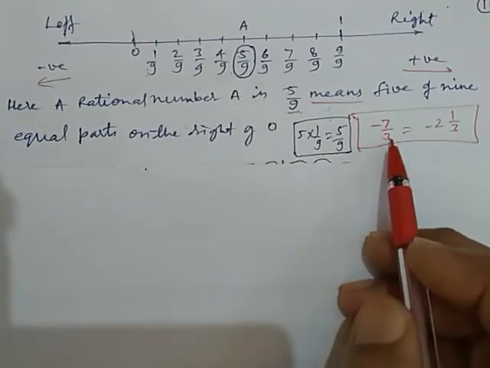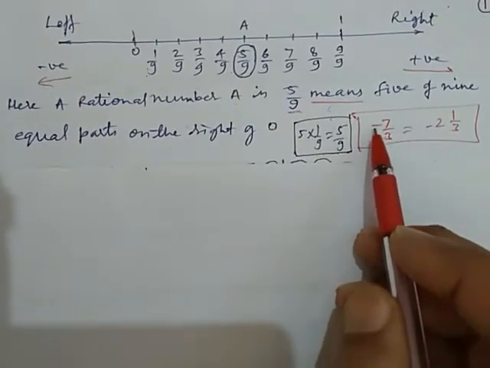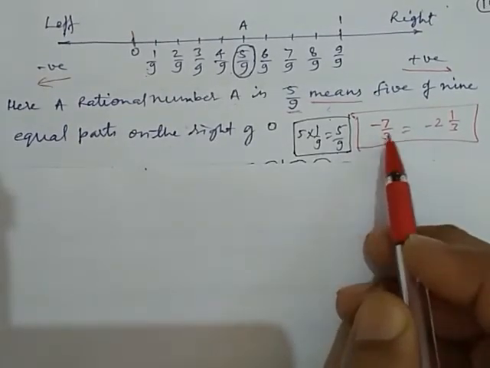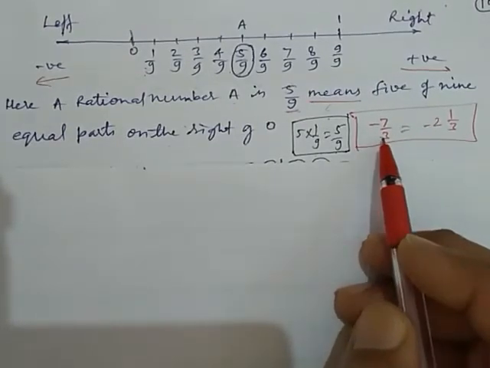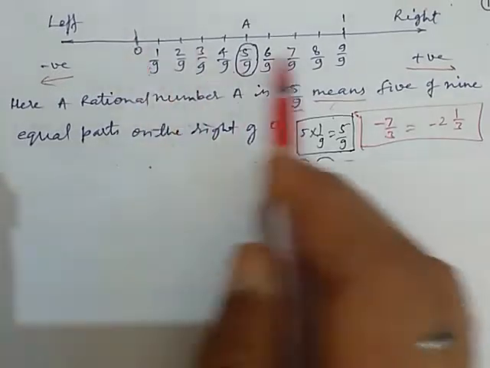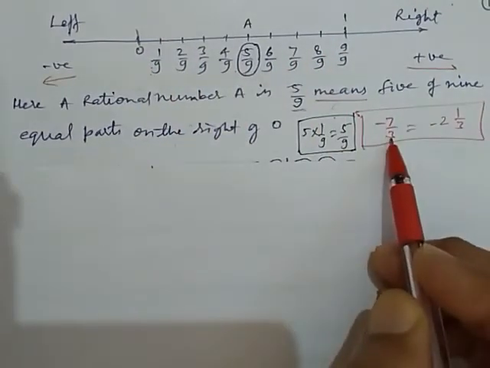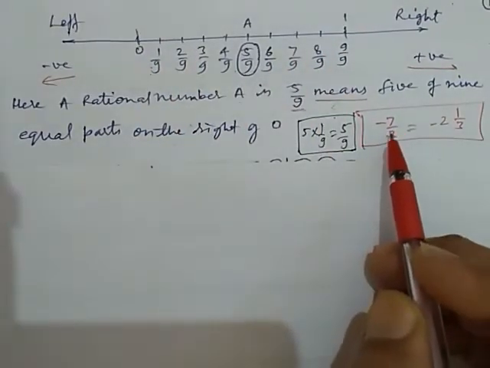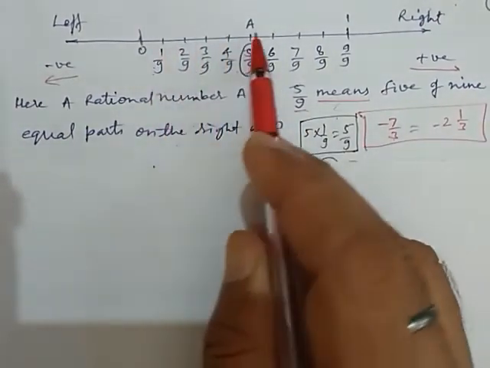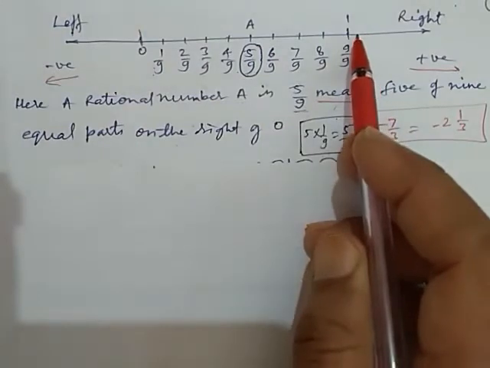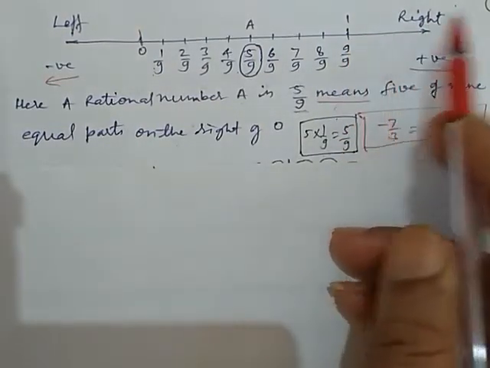If we want to plot -7 by 3, first we convert this 1 unit into 3 equal parts and then consider 7 parts. But the 7 parts reach us after 2 and something.